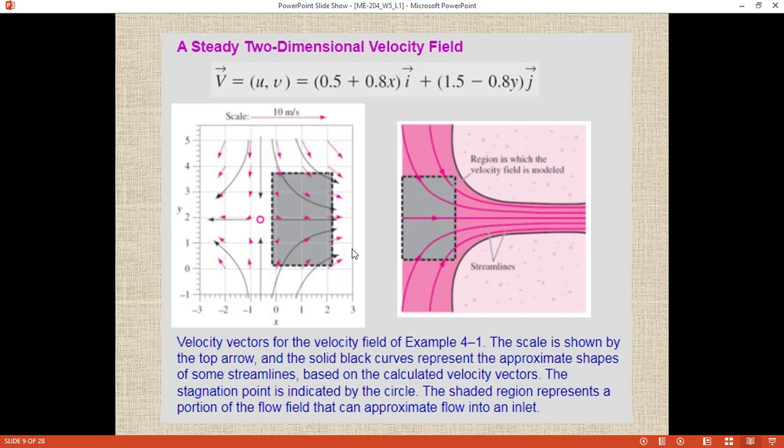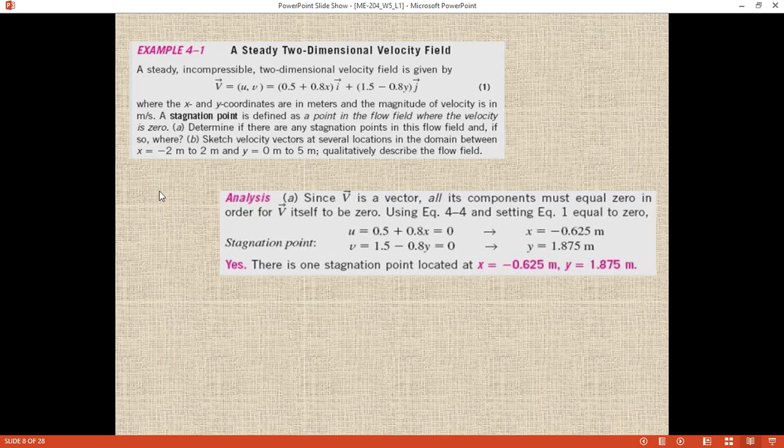So this is the approximated line where there is an inlet, and this is the exit, the discharge. You can draw these lines by taking x equal to this component and y equal to this, and the range given to draw is minus 2 to plus 2, and from 0 to 5.